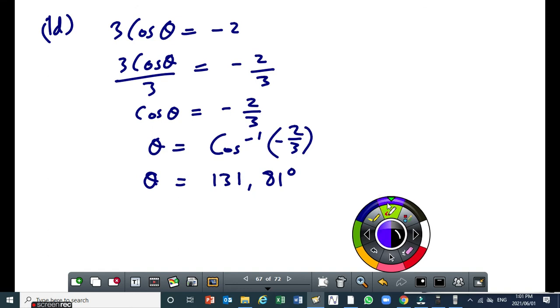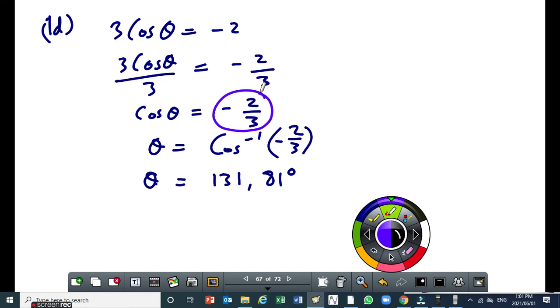Right, so this ratio here, it's negative. Okay? 131.81, if you put it where there's theta there, you get minus 2 over 3. Okay? Remember, if the angle is in the second quadrant, the ratio for cosine of theta will be negative. Okay? The other angle is in the third quadrant. Okay?